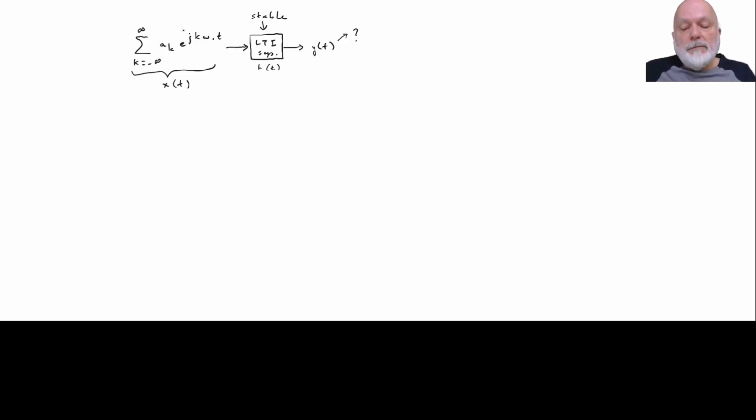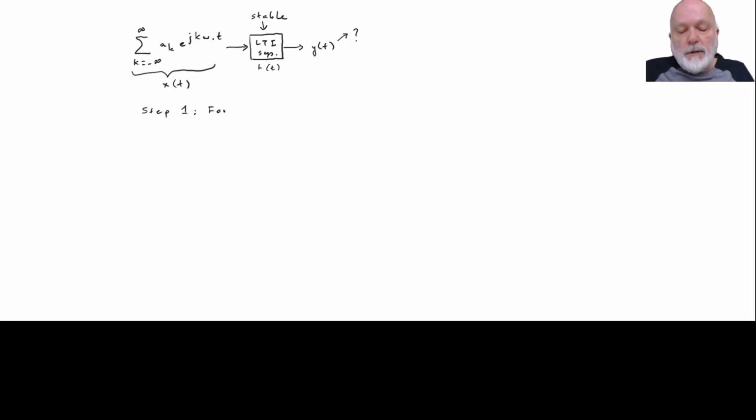Now, if we can calculate the output signal corresponding to any arbitrary complex exponential signal for arbitrary k, then we can use linearity of the system to evaluate the output.